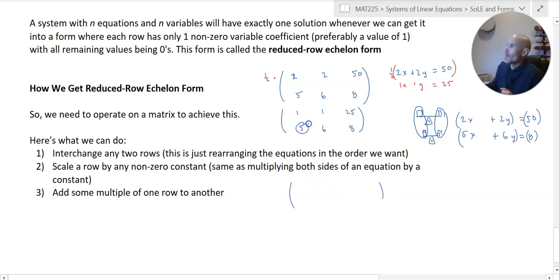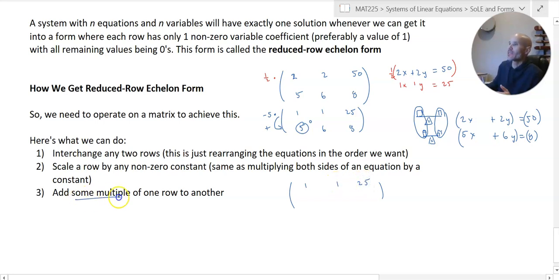Let's say I want this to become a 0. How do I get that to become a 0? Well, I can swap rows. That's not going to help. I can scale the row by 0, but that's not going to help because we don't want to zero everything out. But I can take -5 times row 1 and add it to row 2. What will that do? First of all, I'm not changing the first row.